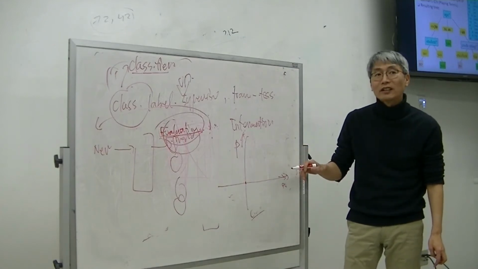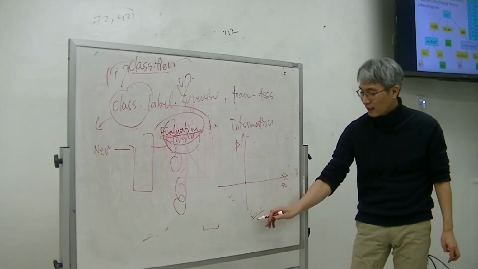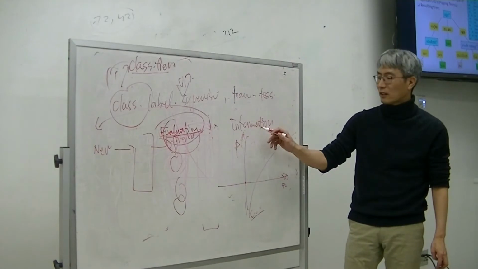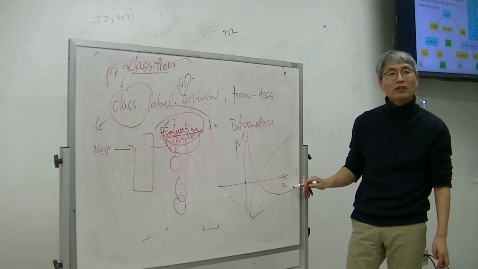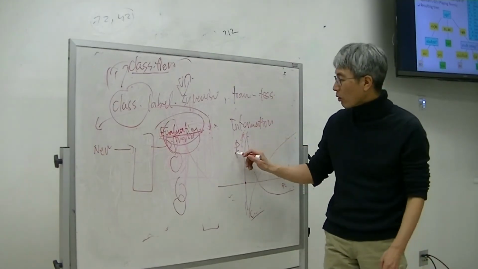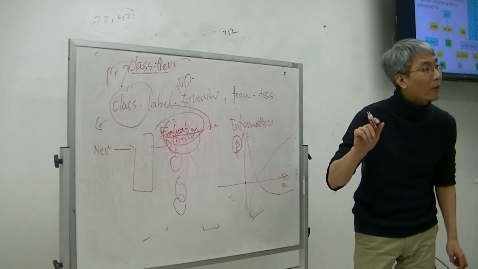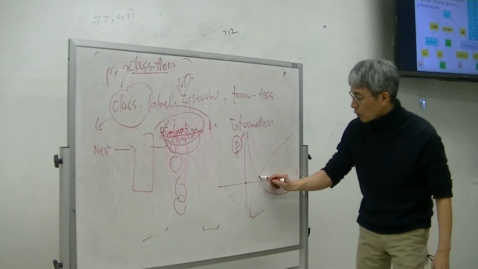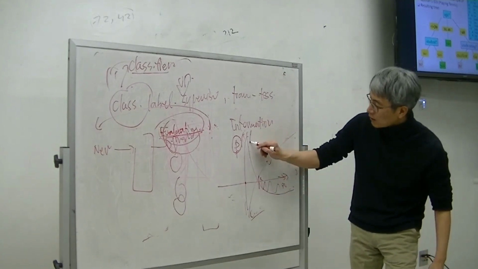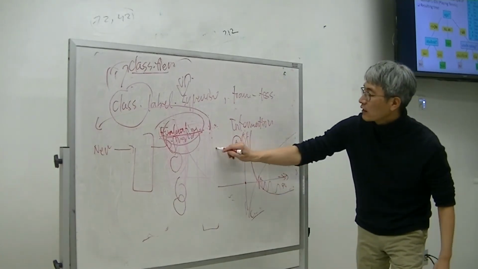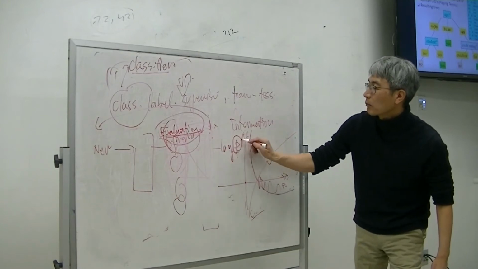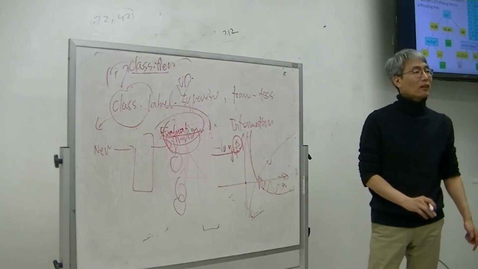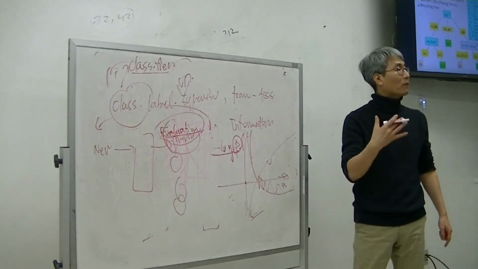Log, but log is like this. So we can use minus log. And this one is a probability. Probability is 0 to 1, so we don't need this part. So minus log p. We can use minus log p to measure the information.